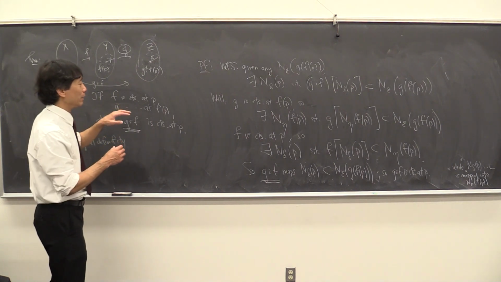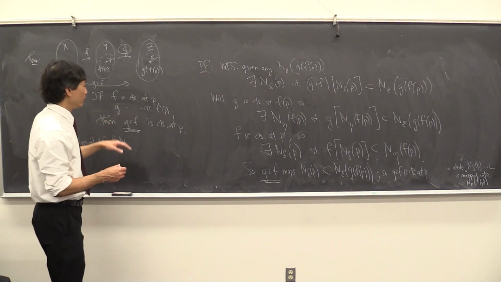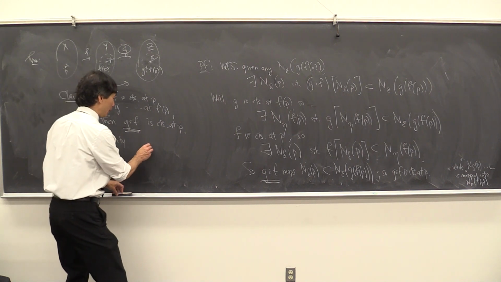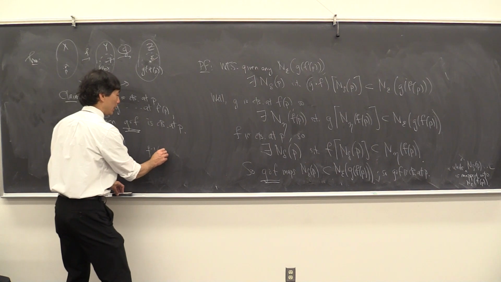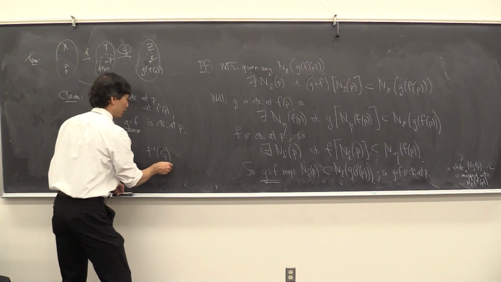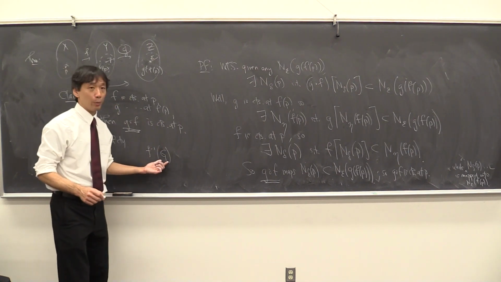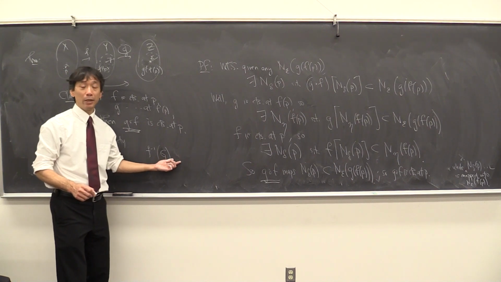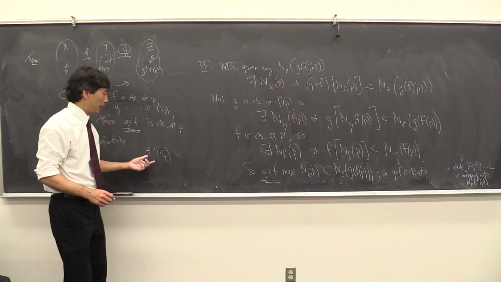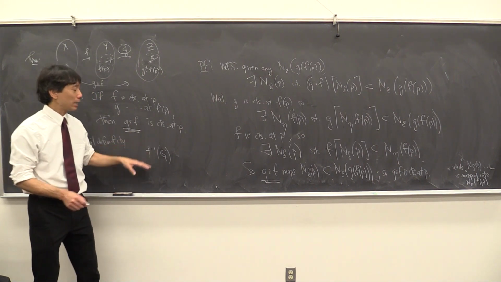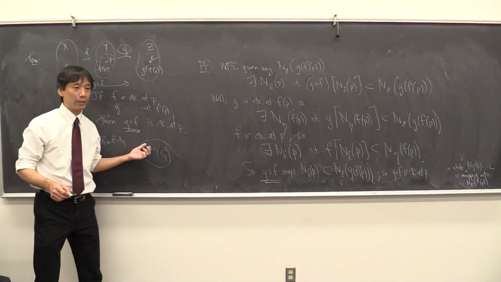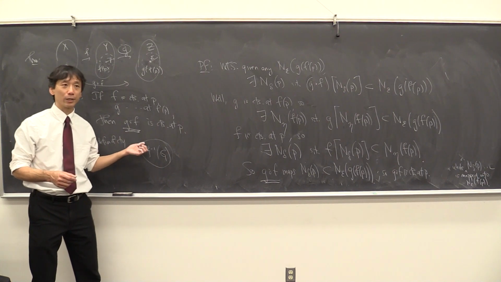Instead, what you think about is how f inverse behaves on open sets. It turns out that if f inverse of an open set is always open, then f is continuous. This is a way of defining continuity without any reference to a metric.